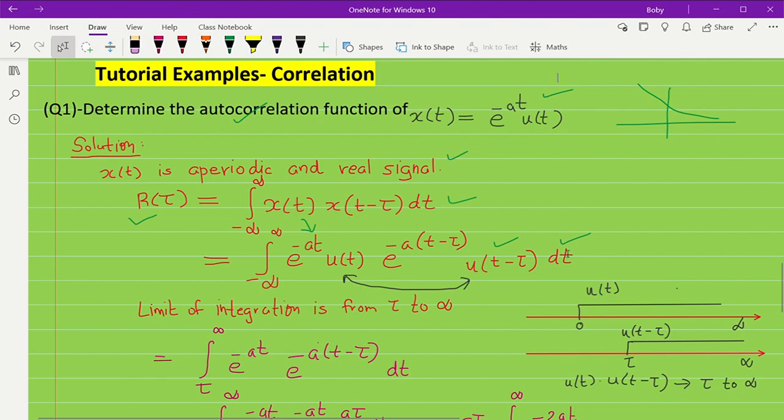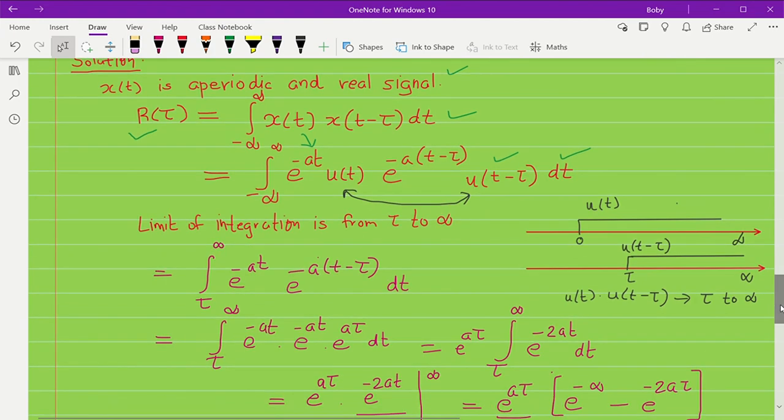Here we can see there are two terms, u of t and u of t minus tau. These will determine the limit of integration. So let us see what is the product of u of t and u of t minus tau.